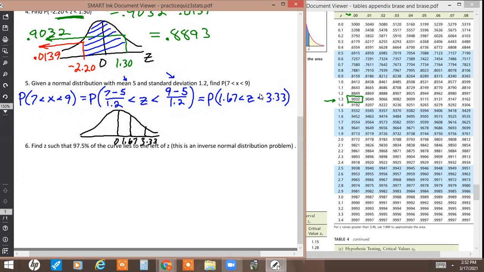So first we need to find this area to the left of 1.67. We're already on the right table because these are positive z values we're working with, right? So I'm going to go down to 1.6 and across to 0.07, and I'm going to see where they meet, and they meet at 0.9525.